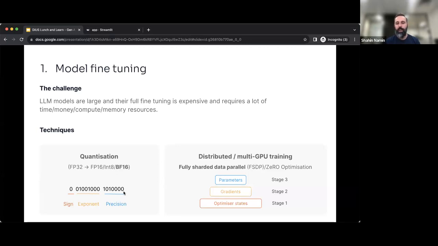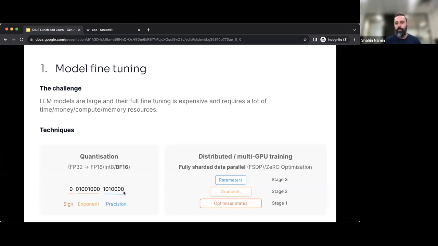The idea is that they have gone and looked at what would consume most of the GPU memory when you are training a model. What they realized is that optimizer states constitute the larger portion of the memory. After that, the gradients, and after that, the parameters of the model that you need to keep in the GPU memory.